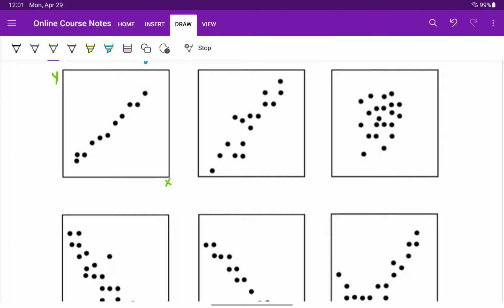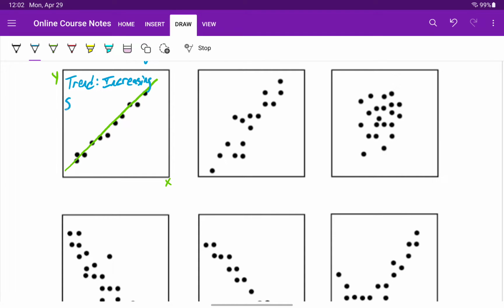For this first graph, if we were to picture a straight line drawn through these points, approximating the pattern and direction that those points are headed, what we can see is that we have an increasing trend because as we look at that graph from left to right, the points are increasing, the y values are getting larger.